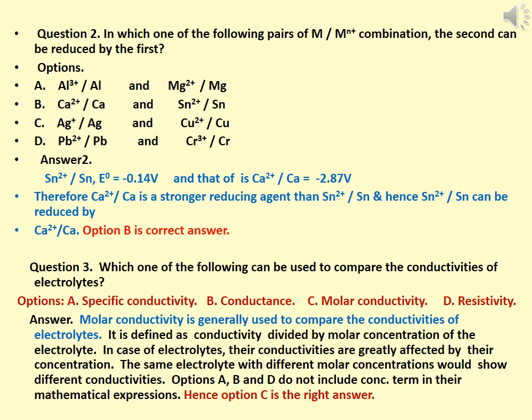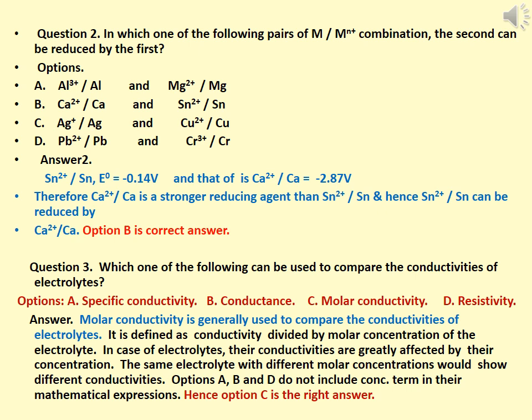If you look at the mathematical expression of specific conductivity, kappa, kappa is equal to G into L by A. There's no concentration term. Similarly, conductance G is equal to 1 by R, which is equal to A into rho by L, where A is the area of cross section of the electrolyte, rho is the resistivity, and L is the length of the electrolyte.